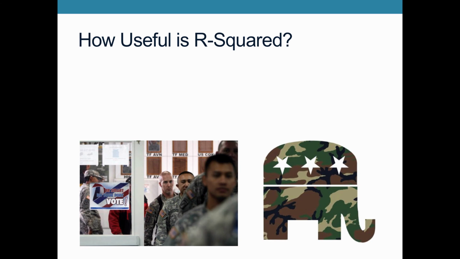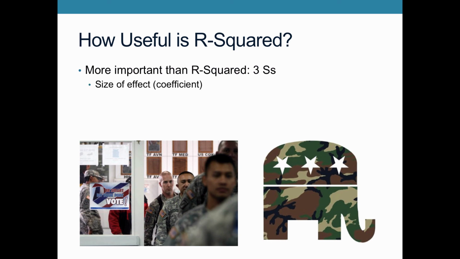So rather than focusing primarily on R-squared, there are other factors that are more interesting and more important. And this is something that in the Whelan book, they call the 3 S's, and I really like this. So first S is looking at the size of the effect, right?